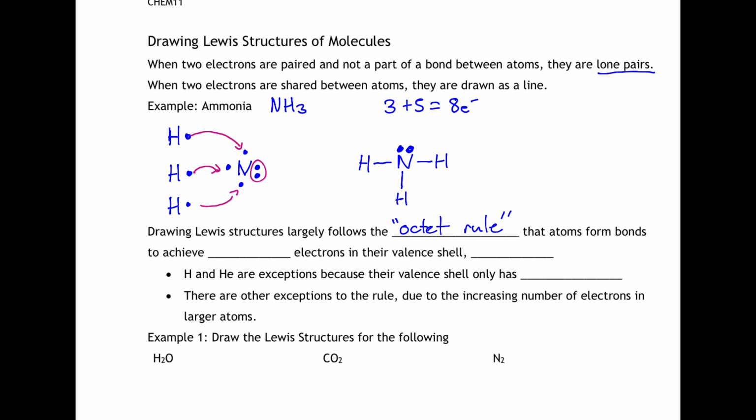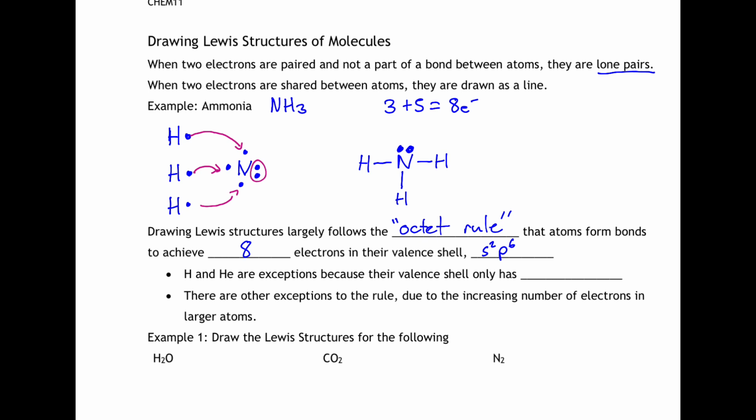The goal is to get 8 electrons in their valence shell. So they form bonds to try to fill up their outer shells, because they want that s2p6 arrangement around their nucleus, because that allows them to be stable. 8 is stable.